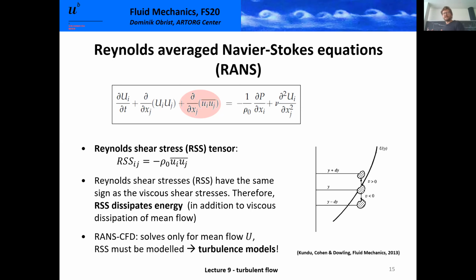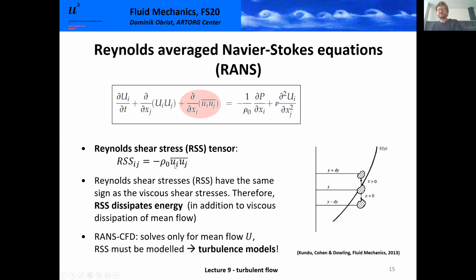This tells us how a fluctuation in u is correlated to a fluctuation in v and w. So it's an inherent characteristic of a turbulent flow. It has a name, and surprise, surprise, it's named after Reynolds. It's called the Reynolds shear stress tensor.